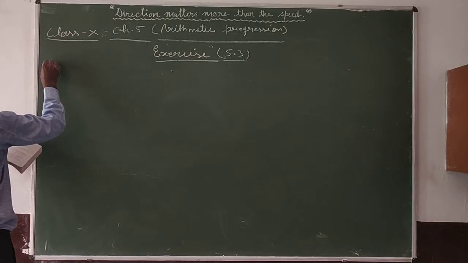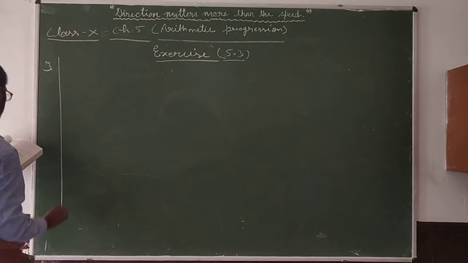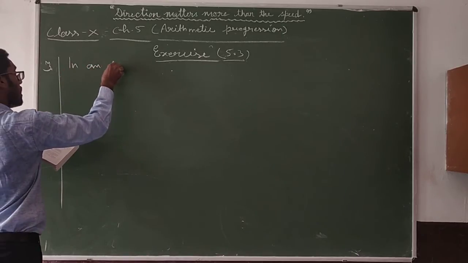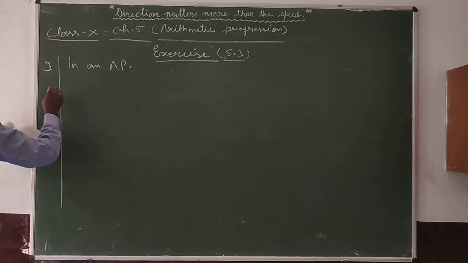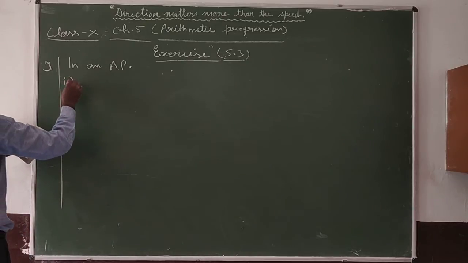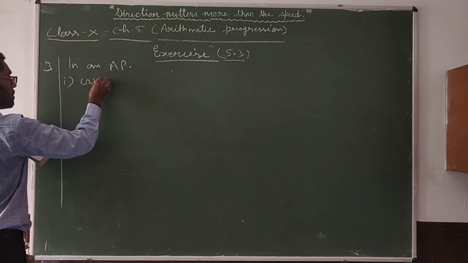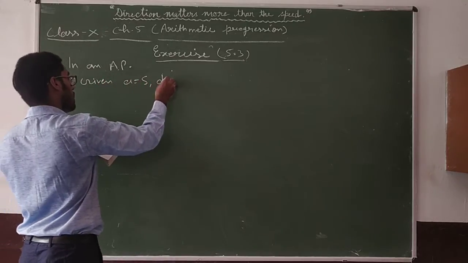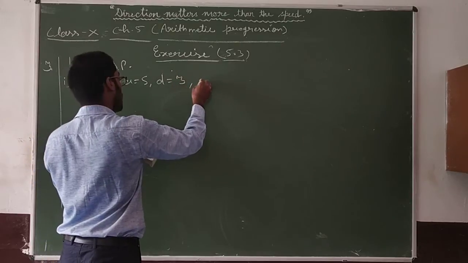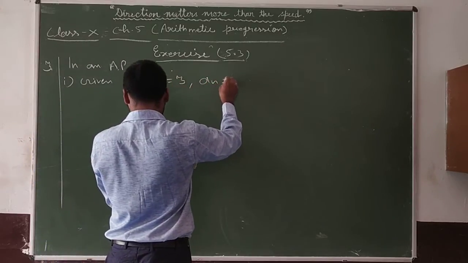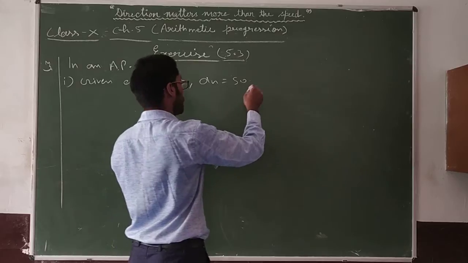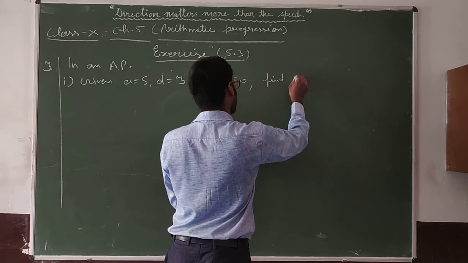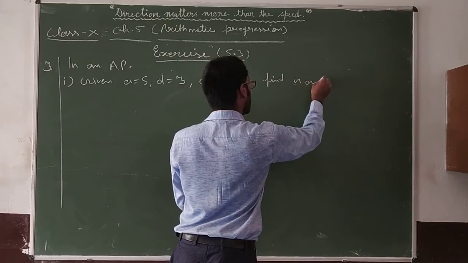Question number 3. In an AP, part first: given a is equal to 5, d is equal to 3, and an is equal to 50, then find n and Sn.